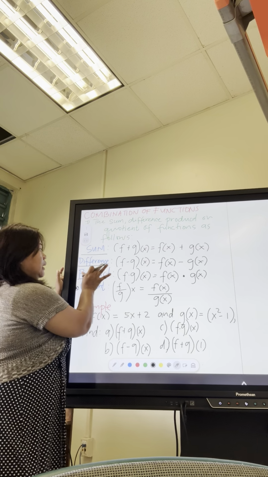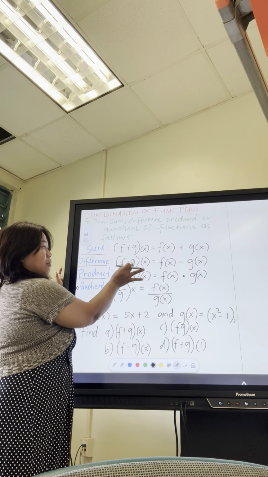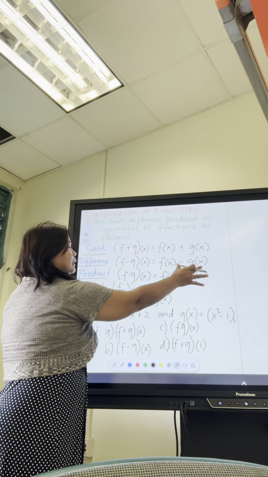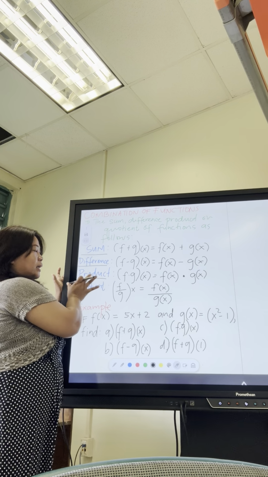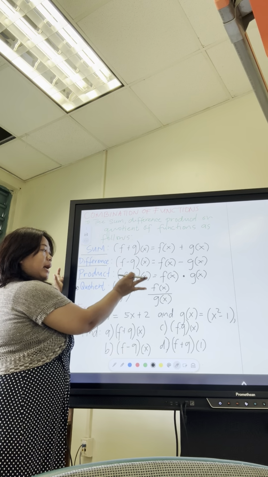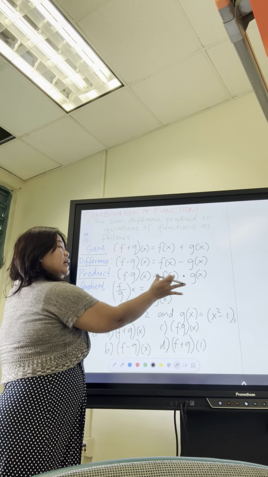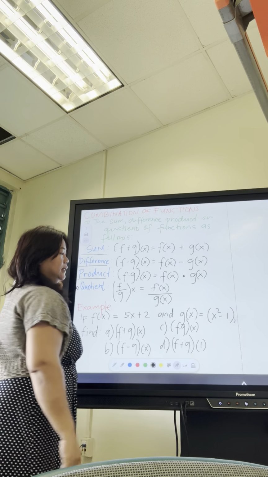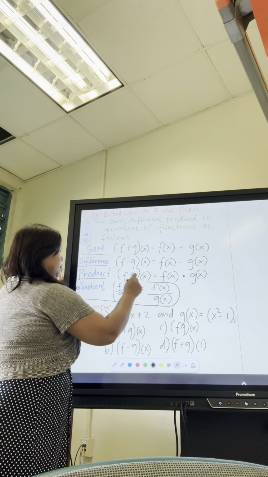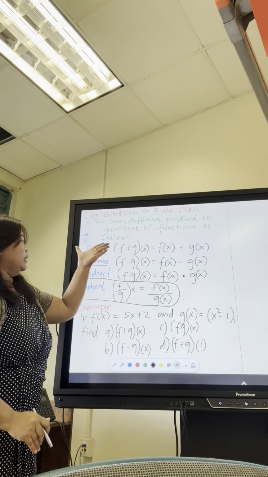And the difference, we have f minus g of x is equal to f of x minus g of x. And in the product or multiplication of functions, we have f times g of x is equal to f of x times g of x. This one we are going to discuss tomorrow. Okay? So we consider the three.